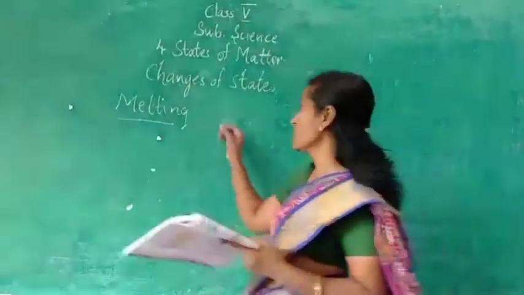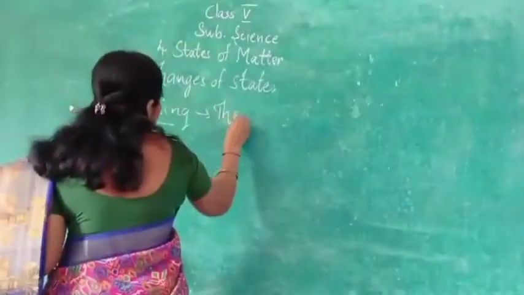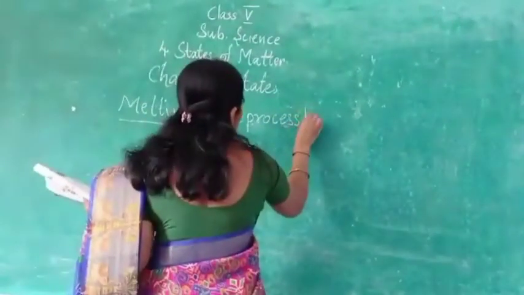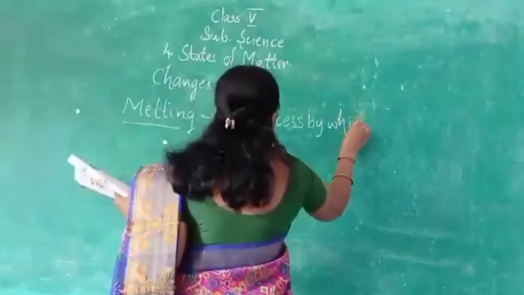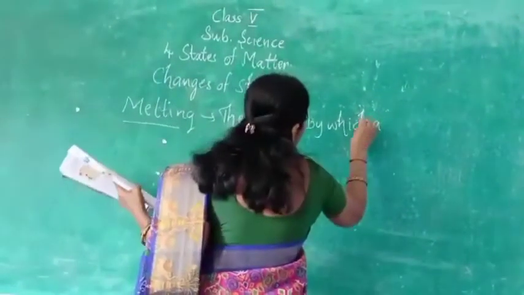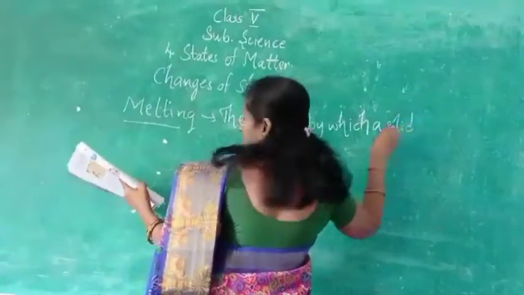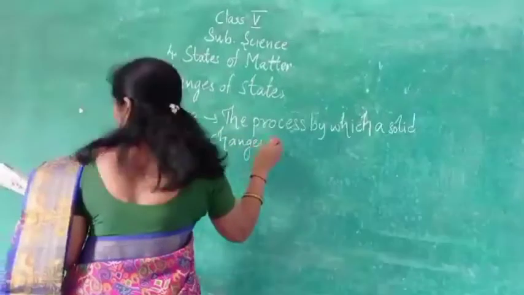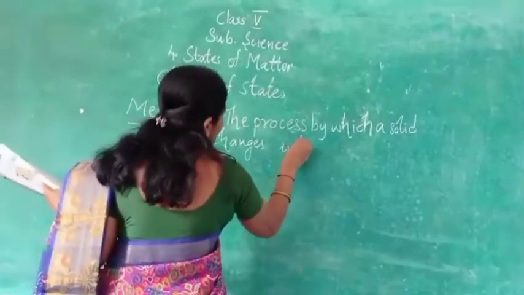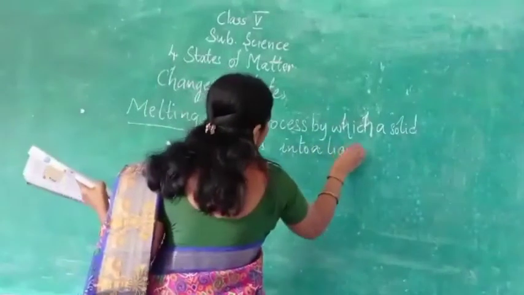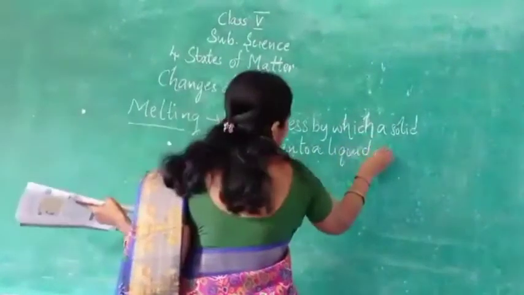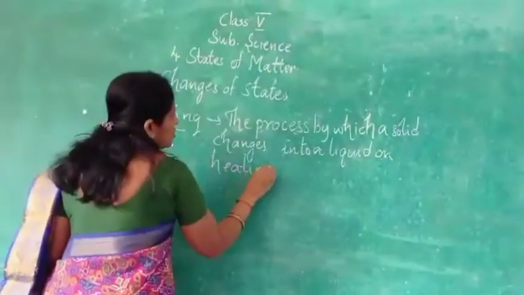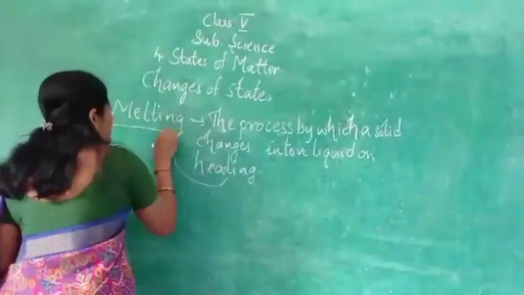The process by which a solid changes into a liquid on heating is called melting. What is melting, beta? The process by which a solid changes into a liquid on heating is called melting.